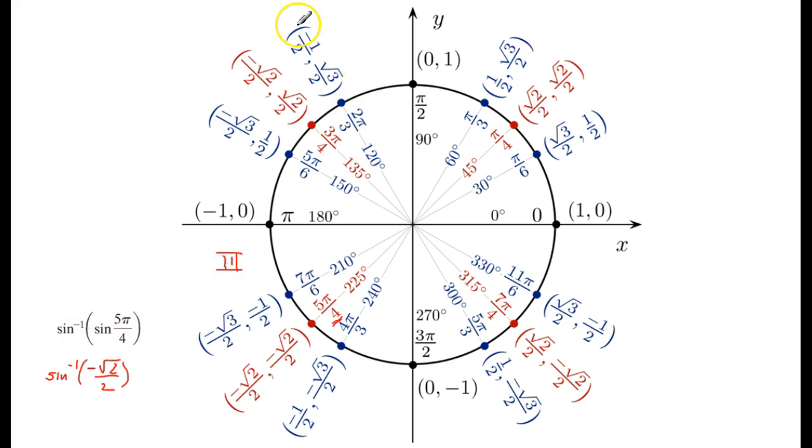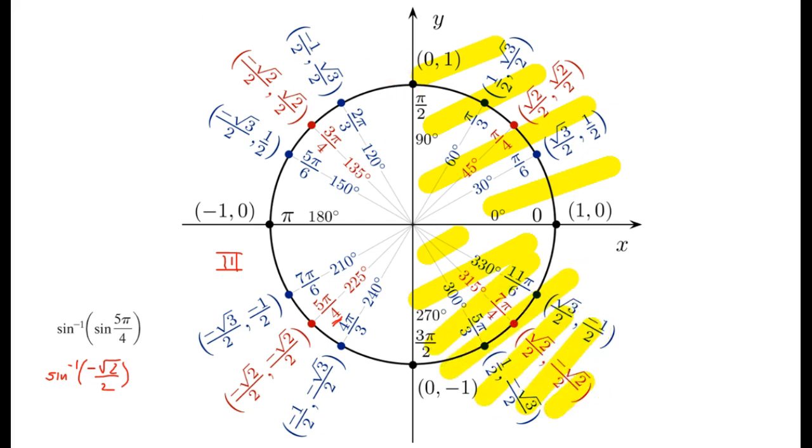Arcsine is only defined in quadrants 1 and 4. And in quadrant 4, we're dealing with negative angles.